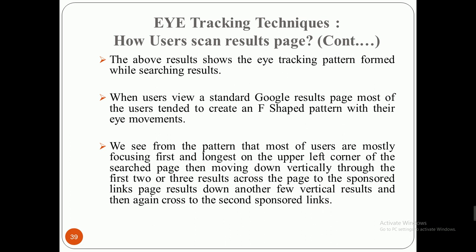The above results show the eye tracking pattern formed while searching the results. So in the above patterns, we have seen these eye tracking techniques. When users view a standard Google result page, most users tend to create an F-shaped pattern with their eye movement, as I have already told.